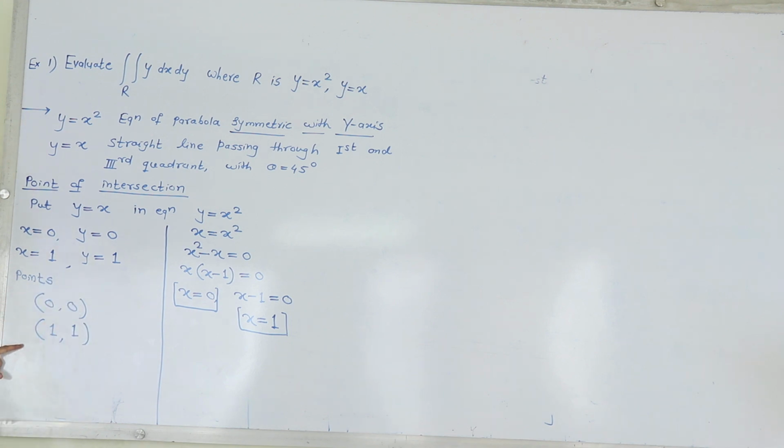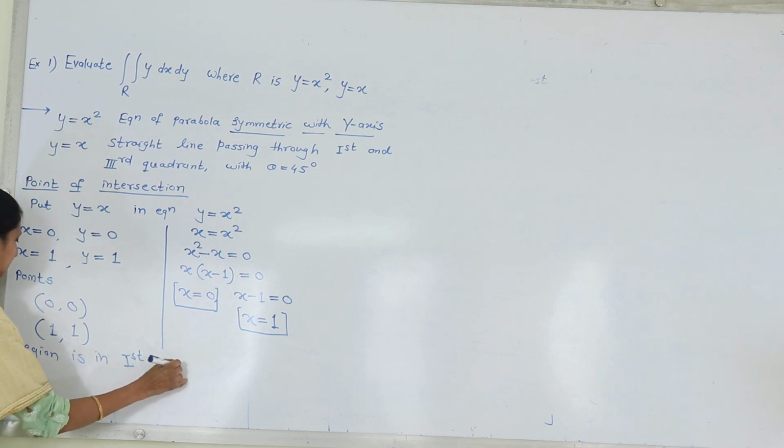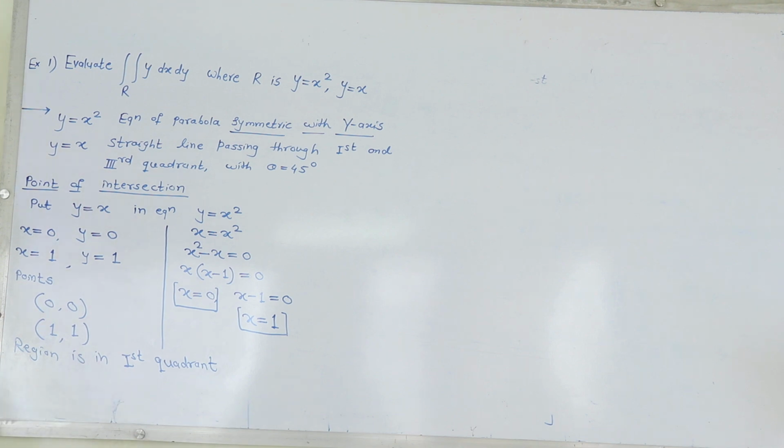That is 0, 0 and 1, 1. These are positive, so the region is in the first quadrant because the coordinates are positive.